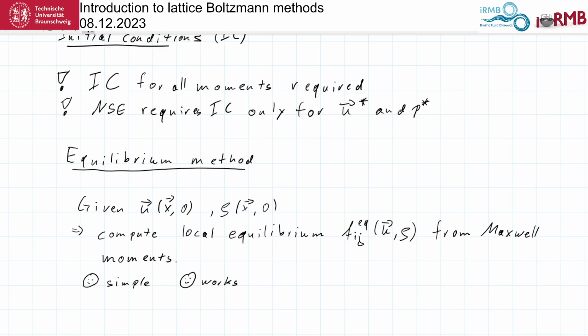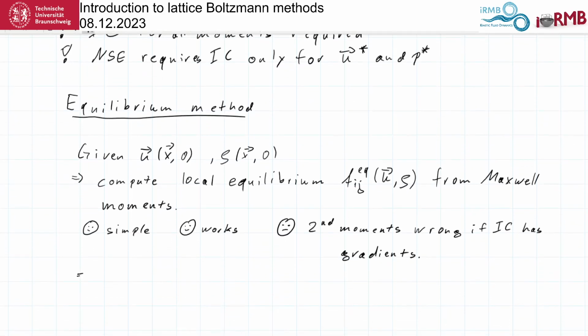And in this case, then it does not work because the second moments are now wrong if there are gradients in the initial condition. So with having gradients, I mean having gradients that are not zero.